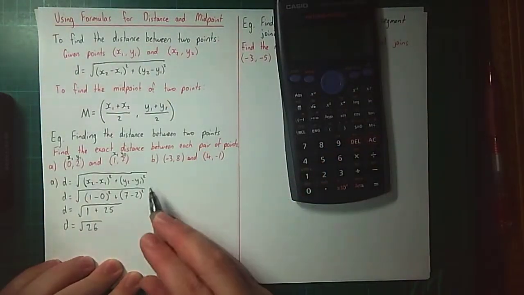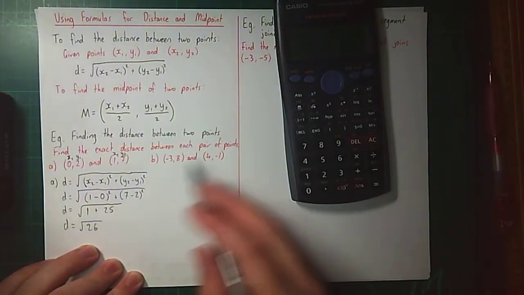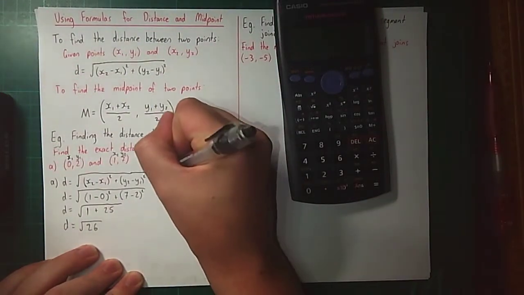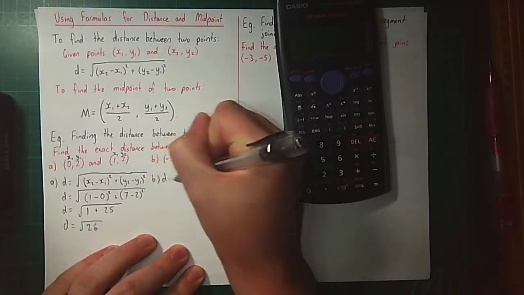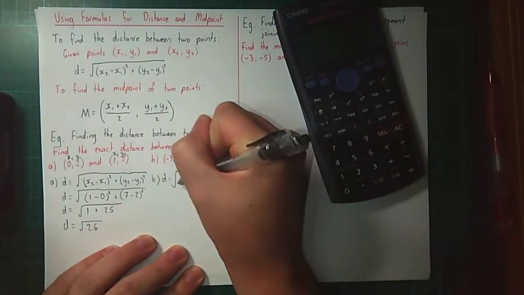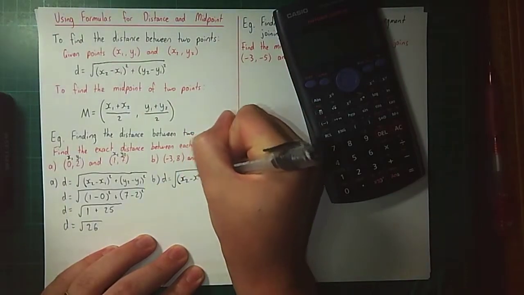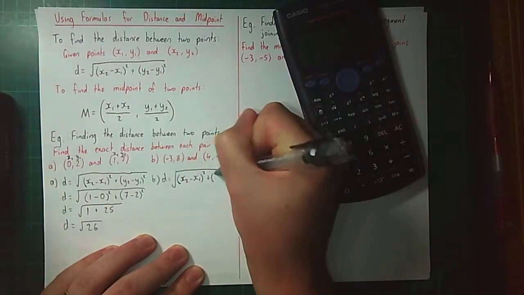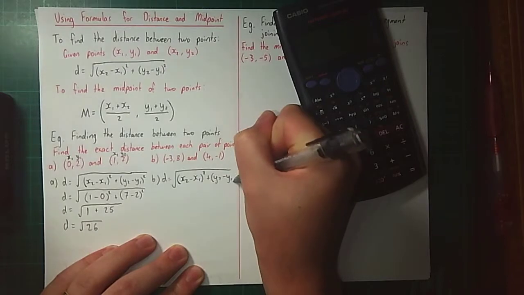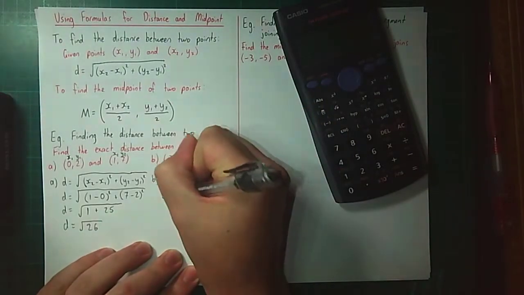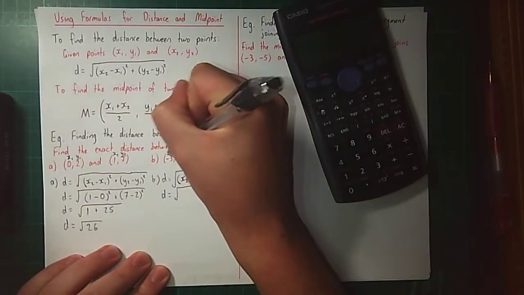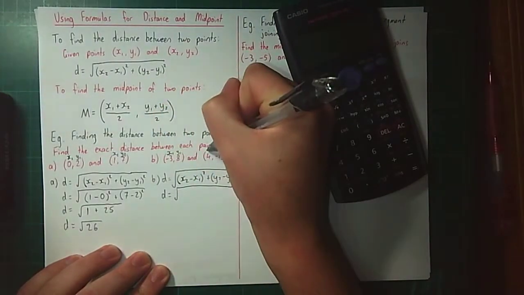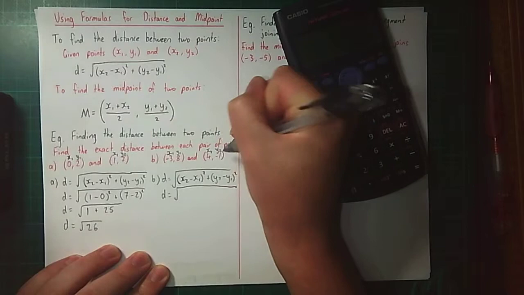Next, we've got part B. We'll do it again. It's just going to be a little bit more difficult. Once again, we're going to rewrite the formula. Distance is equal to the square root of (x2 minus x1) squared plus (y2 minus y1) squared. Once again, this is x1, y1, x2, y2.